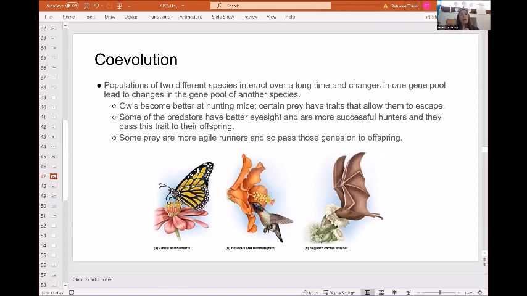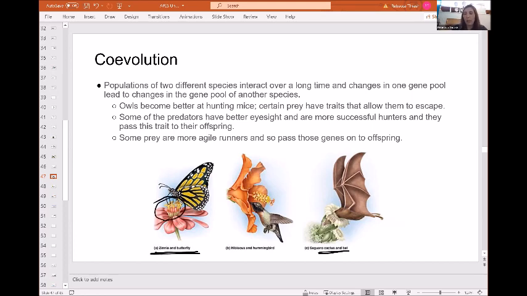Now, when we talk about interactions in a minute, this is often due to coevolution. You can see here that this flower and its pollinator, a butterfly, seem to really fit with each other physically in a way that allows this butterfly to be optimal for spreading the pollen and helping with pollination.